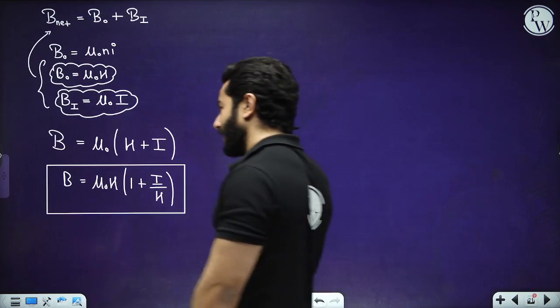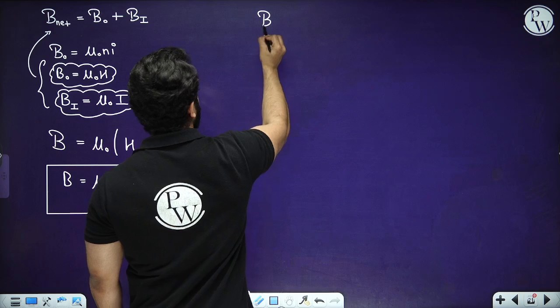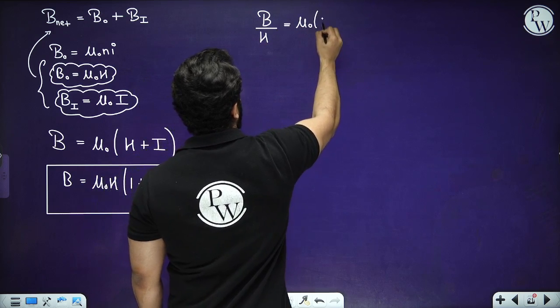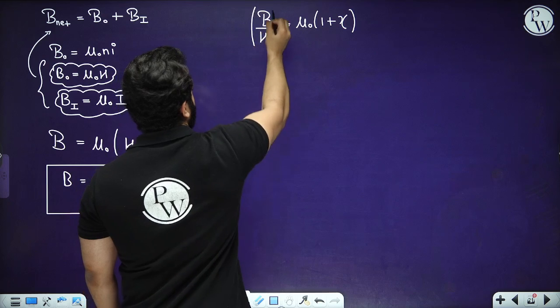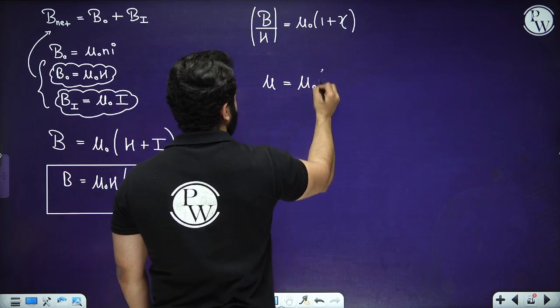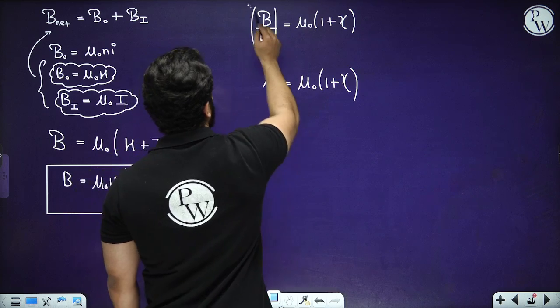Now coming back to our topic, if this is the case, I can rewrite this as B by H equals mu naught times 1 plus magnetic susceptibility psi, and B by H again can be written as absolute permeability, mu equals mu naught times 1 plus psi. All of these formulas are important.